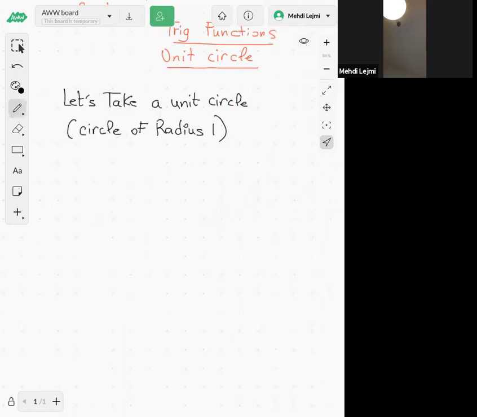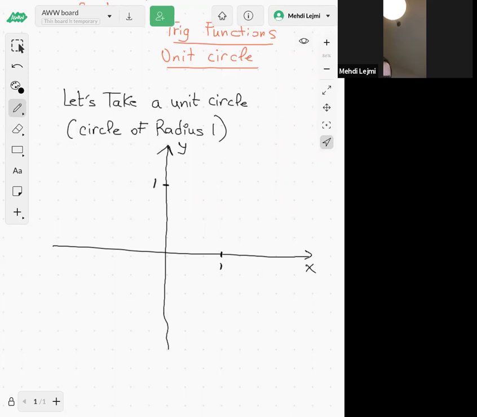I have my x-axis as usual. This is my x-axis, and this is supposed to be my y-axis. Here's 1, this is -1 right here, and there's -1 right here. Now I'm going to take the circle with the center, the origin.